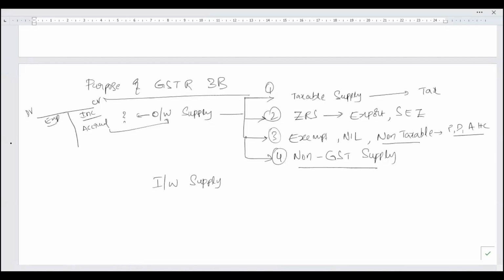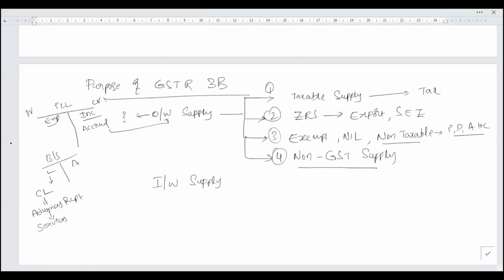In addition to your P&L account, you have the balance sheet. In the balance sheet, you have liabilities and assets. In liabilities, you have your current liabilities, that is your advances. Any money received in advance, I would have an obligation to pay GST on for services.